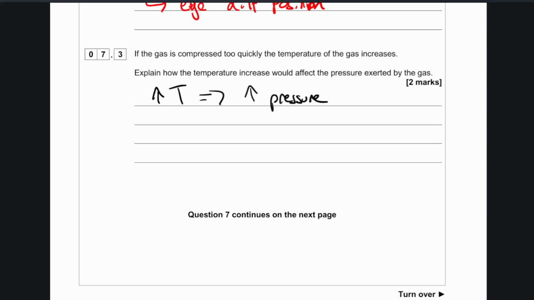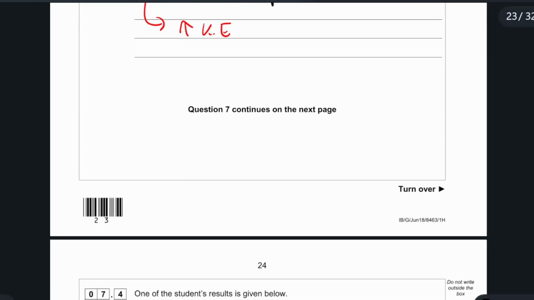Because when we have a higher temperature, this causes a higher kinetic energy within the molecules of the gas. So the individual molecules have more kinetic energy. If they've got more kinetic energy, essentially that means that they're able to bounce off the walls at a quicker rate, and that's basically what pressure is. So that should give you your 2 marks.